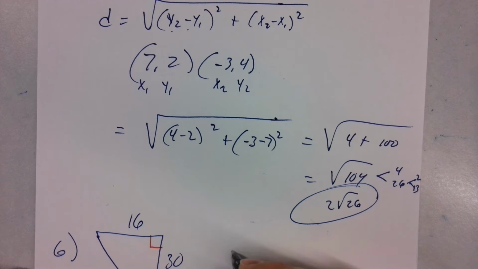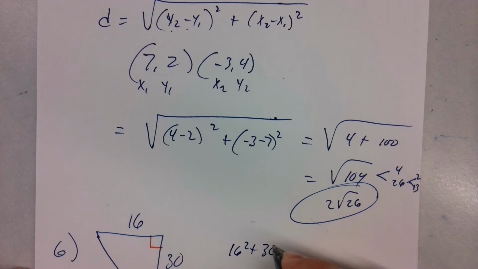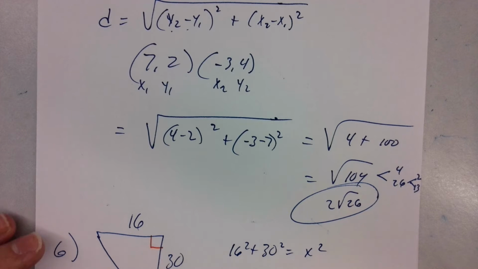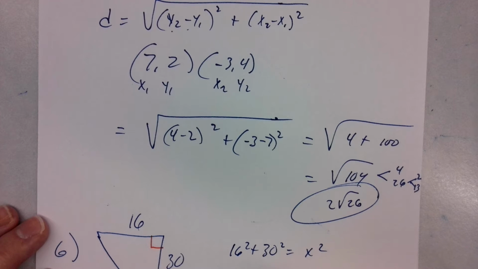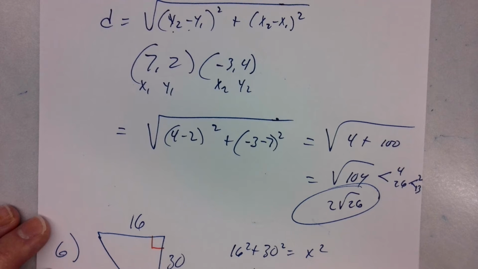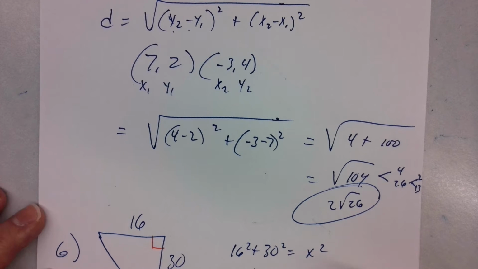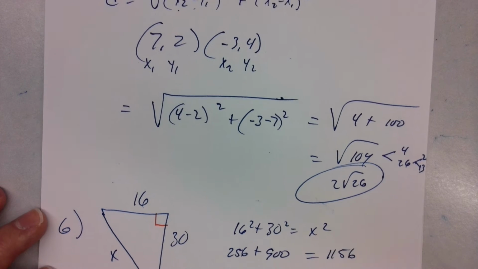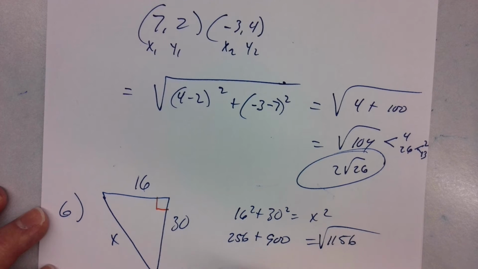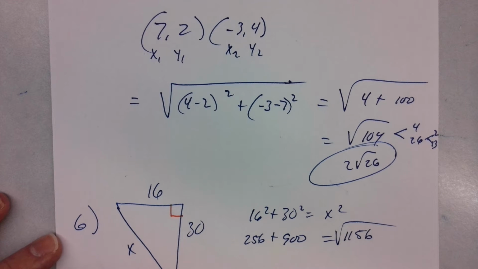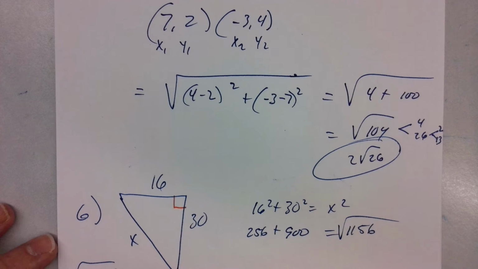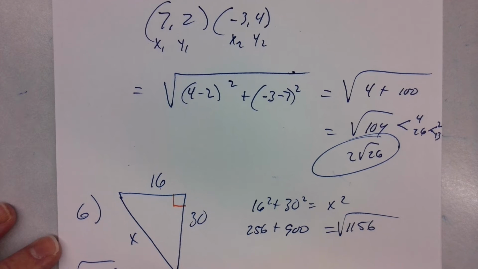So I'm going to go 16 squared plus 30 squared equals x squared. So I got 900 plus 256, which gives me 1156. Got a square root of 1156. Anybody do this? 34. You get 34?